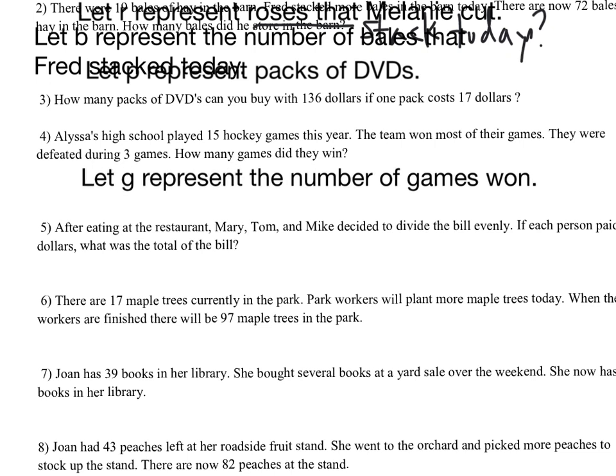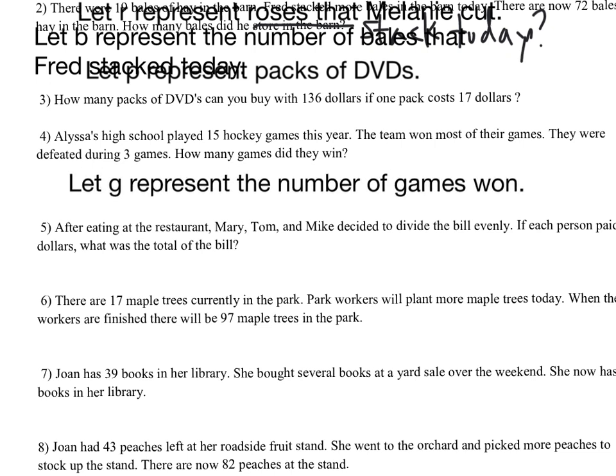Okay, if we want to be more specific, we could say, let G represent the number of hockey games that Alyssa's high school team won. We could go that route, but this is probably sufficient because we're defining a variable and then we're working out this problem. So defining the variable is just going to be specific to this problem that we're doing.